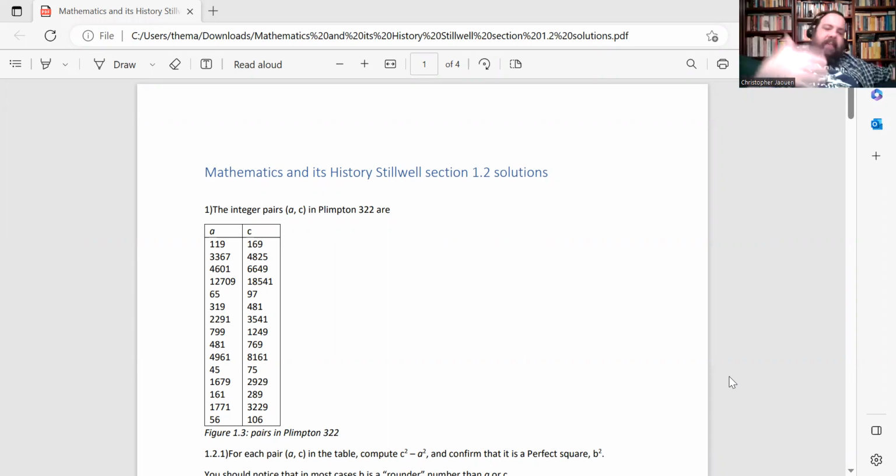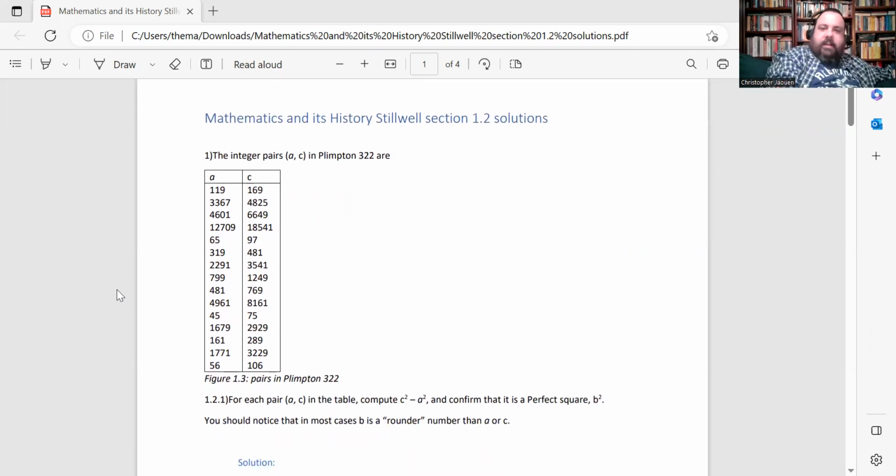Once I get to chapter 2, I don't have any more nicely written up solutions like this, so we'll have to go back to my handwritten solutions for chapter 2 and onward. But for now, we have this nice document to look at.